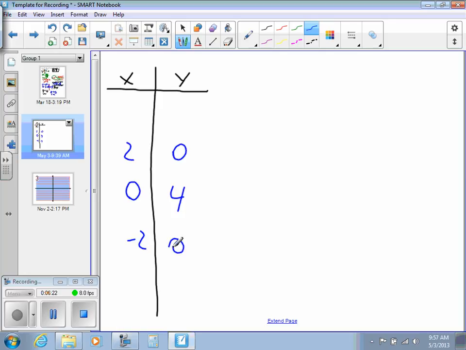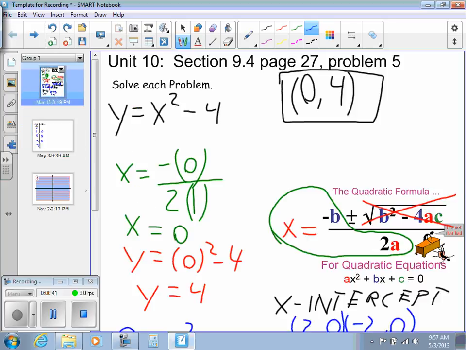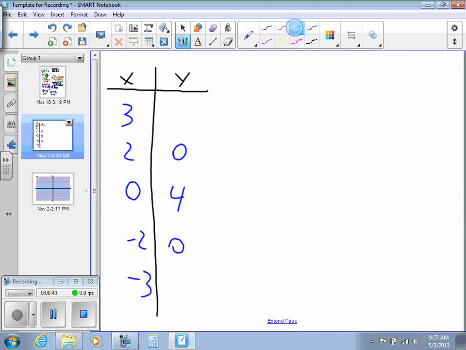Okay, we need some more points. So let's try 3 and see what that looks like. And then we'll also try -3. So let's start with 3. Let's rewrite our original equation. Y equals x squared minus 4. And we will go ahead and solve here.